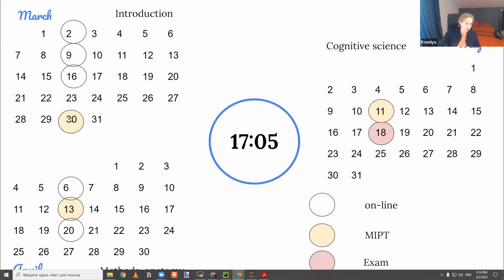The yellow circles will be organized in MIPT, maybe somewhere in the main building, and the exam will also be online, but I hope you will do all the tests and you won't need the exam, and I'll tell about this later.